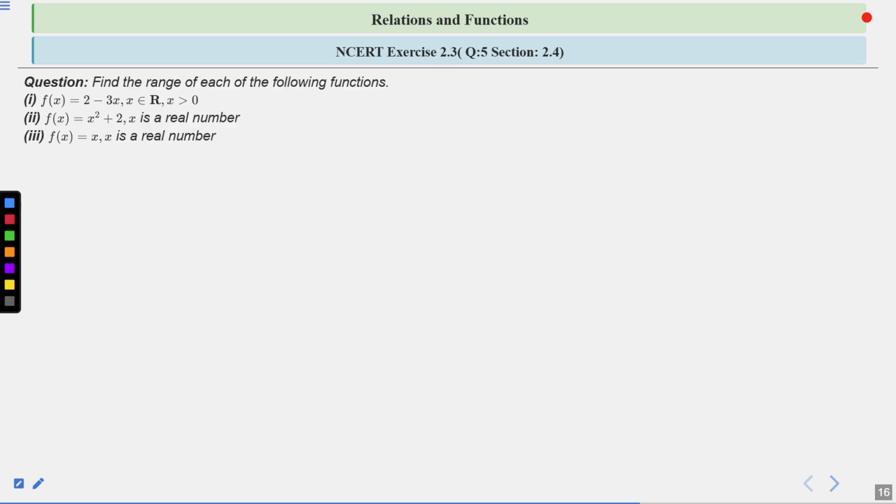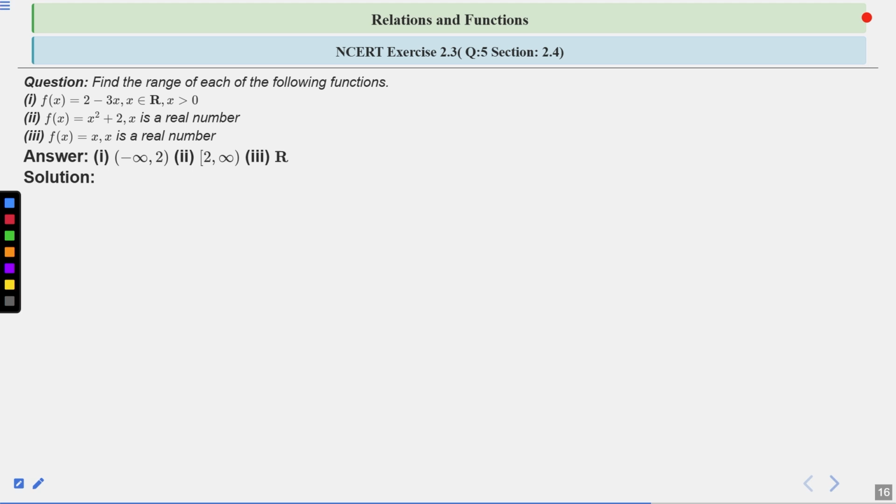Three functions are given to us with their domains. We just have to find out the range, meaning from where to where the output will be lying. So for the first, the range set is going to be the open interval minus infinity to 2. For the second, the interval closed at 2 and open at infinity, and for the third, the range will be the complete reals.